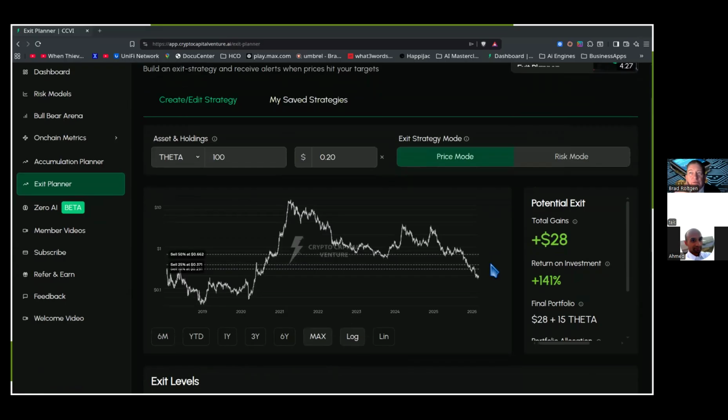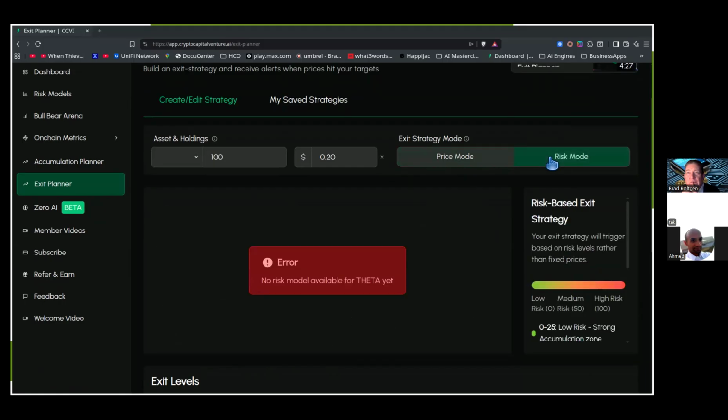You have to hit the risk button, because right now we're just looking at the price. If you were selling on price, you would make $28 on it right now. If you wanted to do it off risk, there's no risk model available in beta yet.